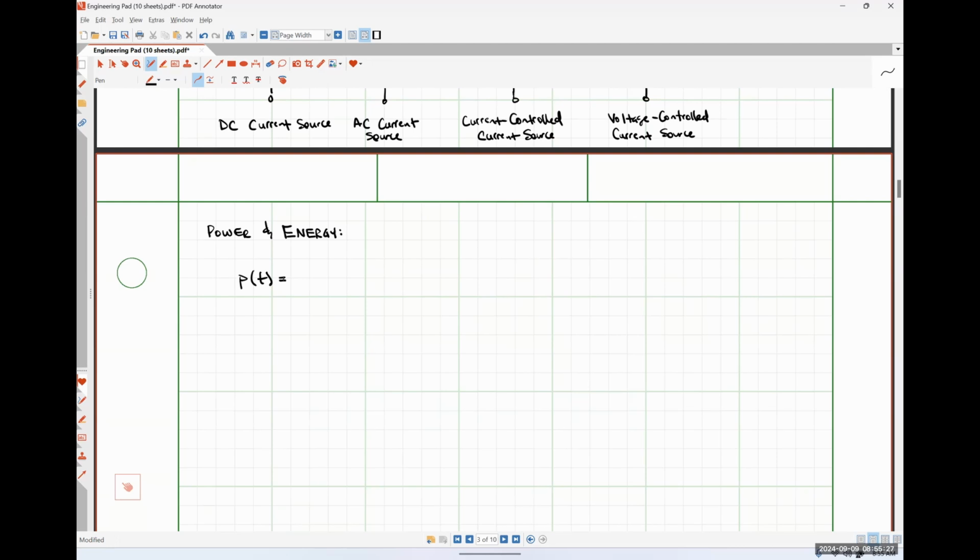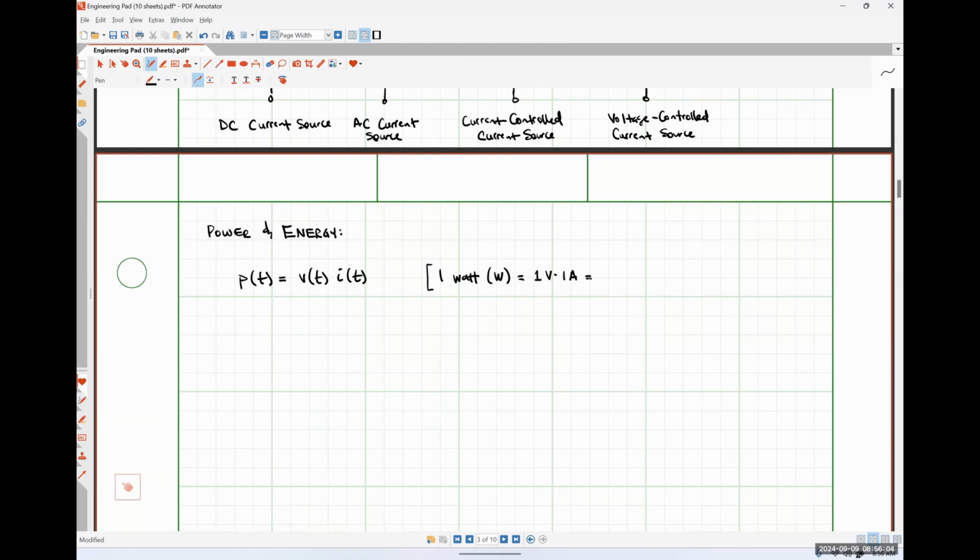IV, current times voltage. Absolutely right. Still the exact same thing as it was before. So voltage times current. From this, we can say that the unit of power is the watt, where a watt can be defined as 1 volt times 1 amp.